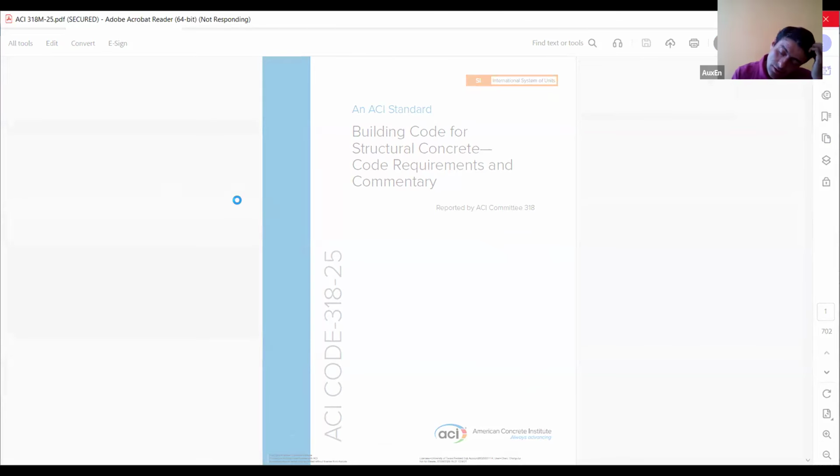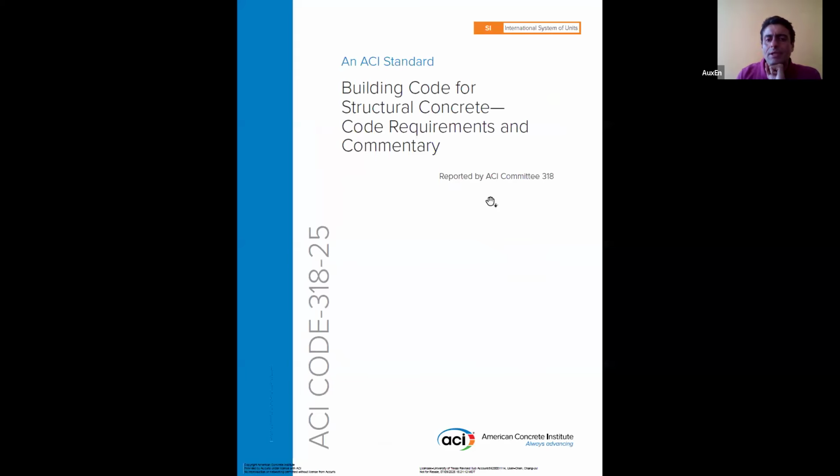What is the significance of this 318? 318 is simply the committee number. It is the 318th committee which sat together, and the members of this committee came up with this building code for structural concrete. In the same way we have the IS 456, where the 456th committee sat together and came up with this code.